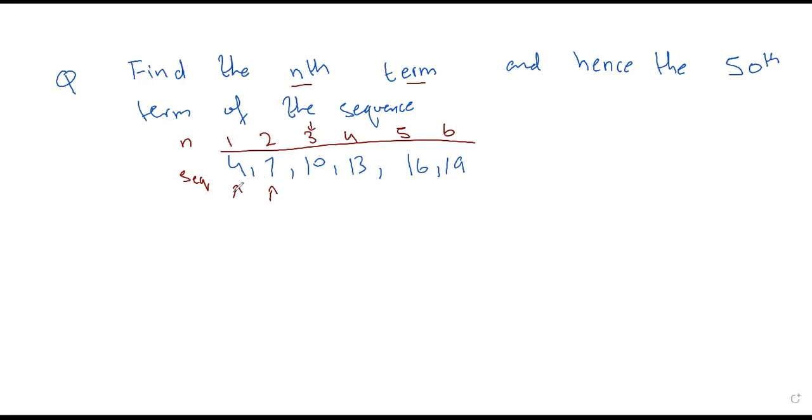Okay, now let's just understand it. So from 4 to 7, we are adding 3. From 7 to 10, again we are adding 3. From 10 to 13, again we are adding 3. So this is clear that for every next term we are adding 3, okay? But how are we getting this first term?